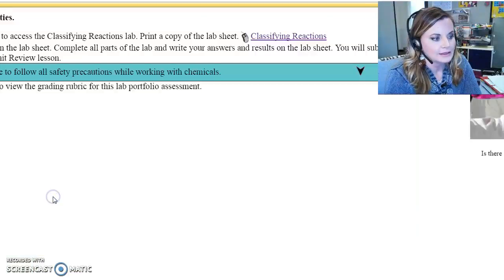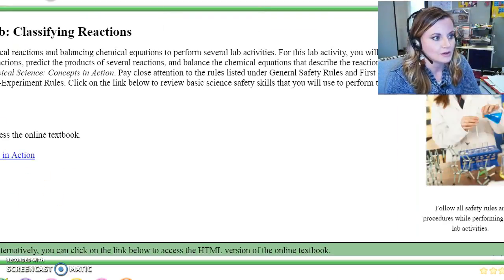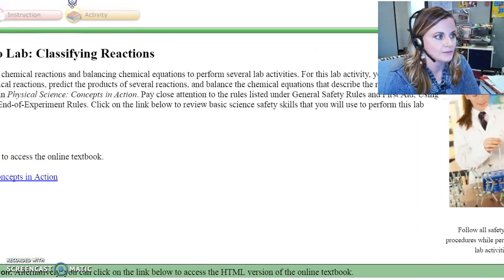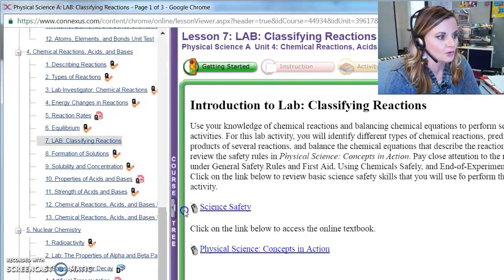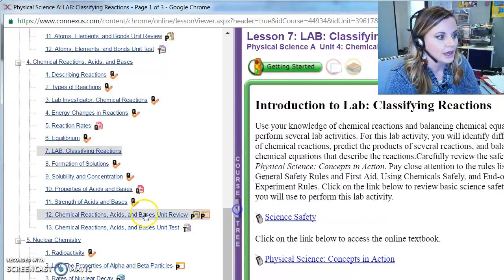When you click on this and it brings you to the lesson viewer, and I can scroll over here and open up the course tree, you're going to see that even though this is where I am on lesson 7, you don't turn in this portfolio until lesson 12.